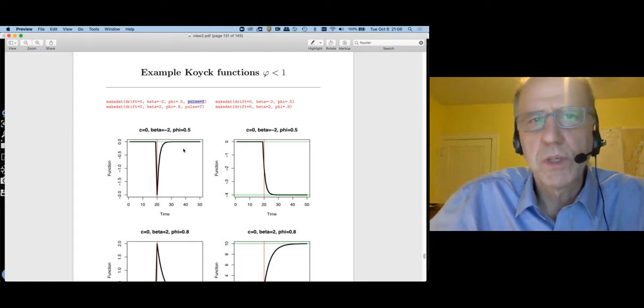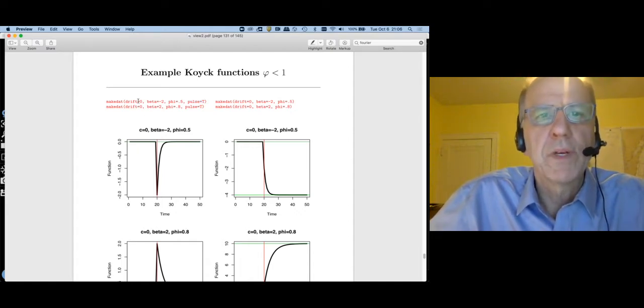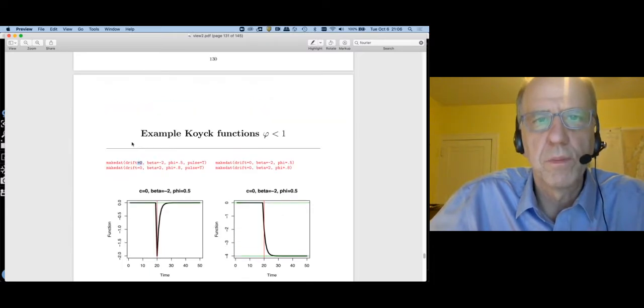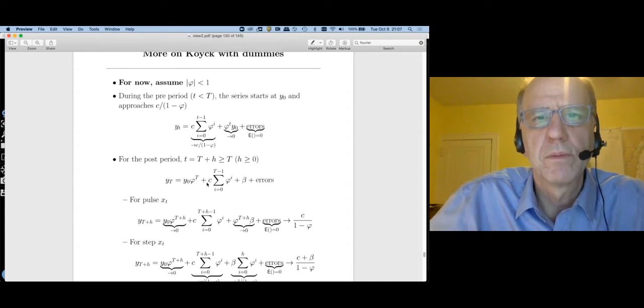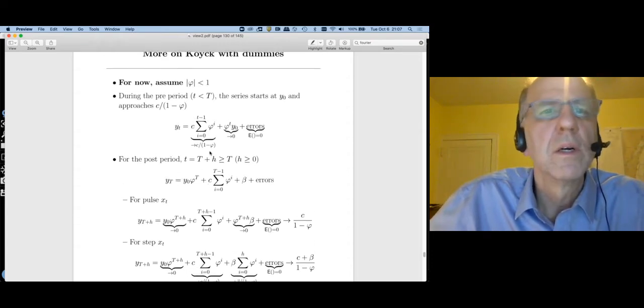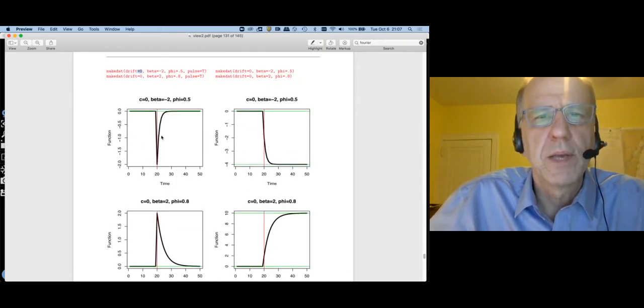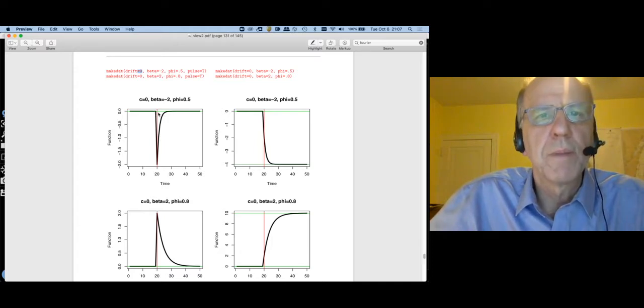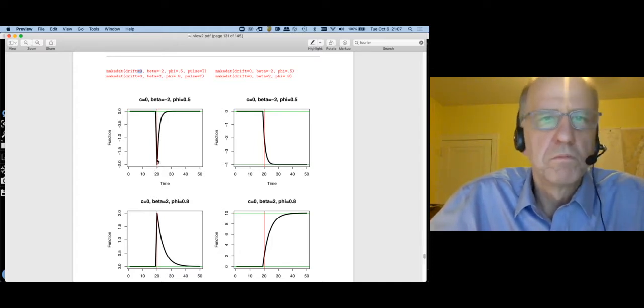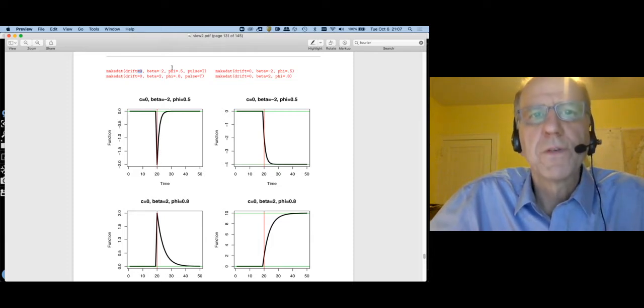So this is going to be generated by having my drift constant of 0. That's going to determine the slope in the pre-period. So we can kind of see that here, the pre-period. Then what's going to happen is this beta 2 tells me the amount that the sales went down after the shock, and then this phi determines how quickly it comes back up.